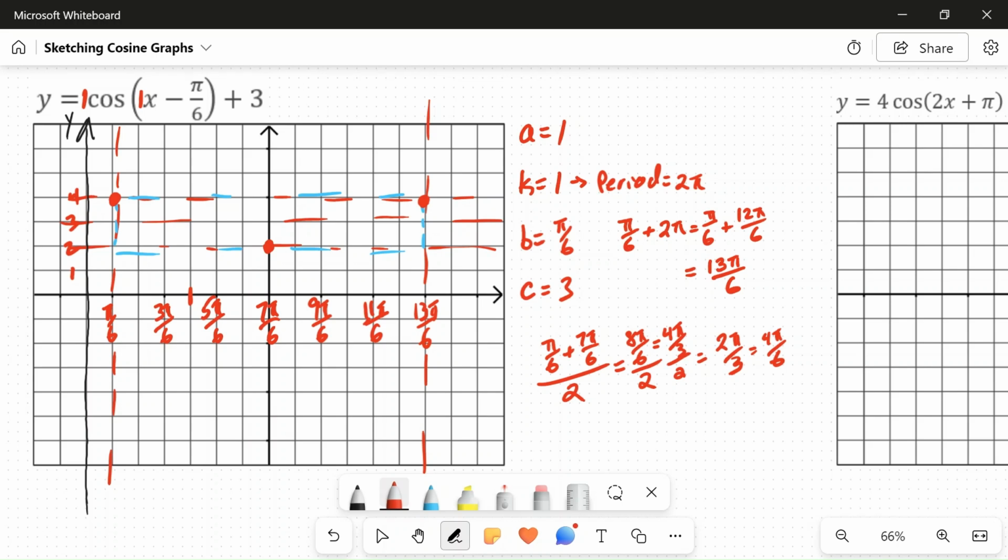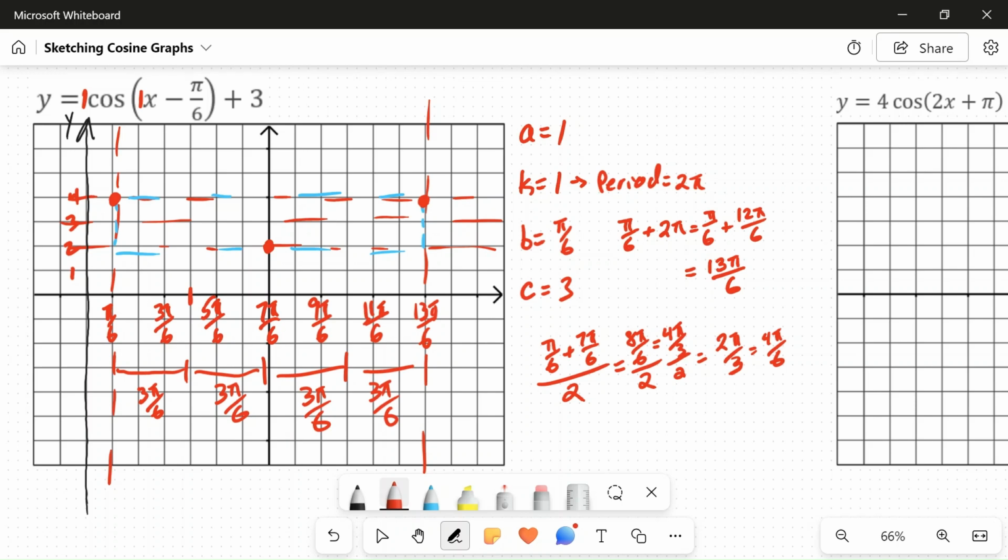The distance from here to here is how far? 1, 2, 3 pi over 6, and then we're going to travel another 3 pi over 6, and another 3 pi over 6, and then another 3 pi over 6. Okay.